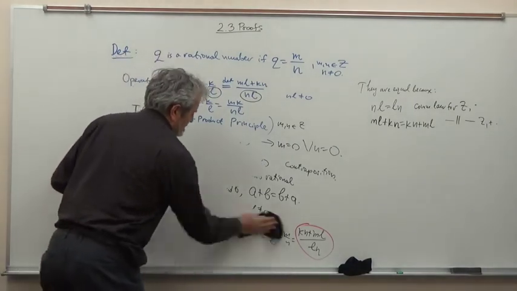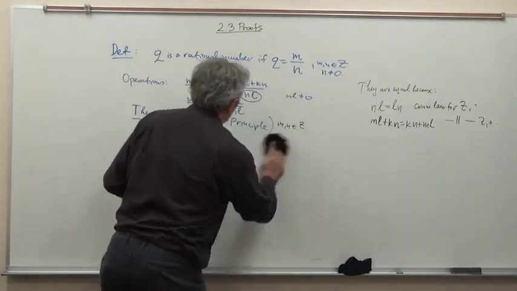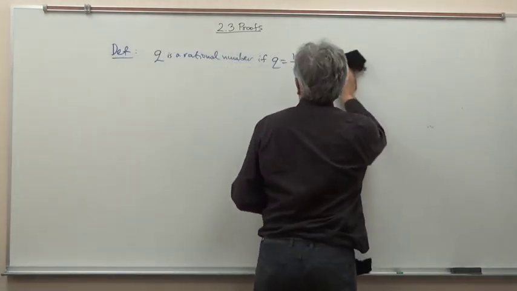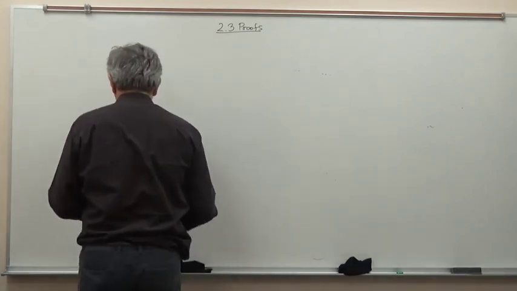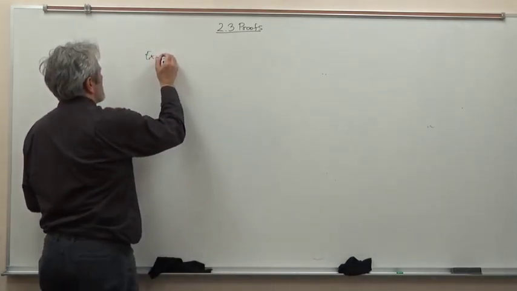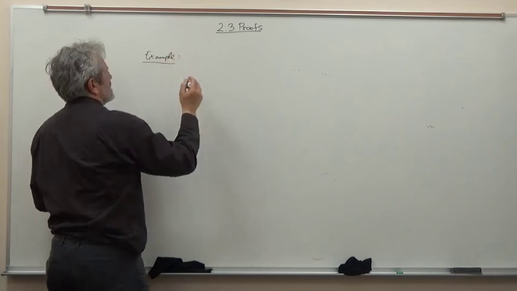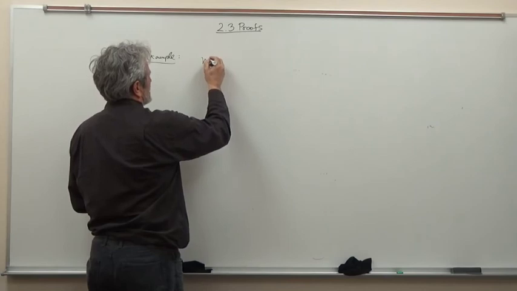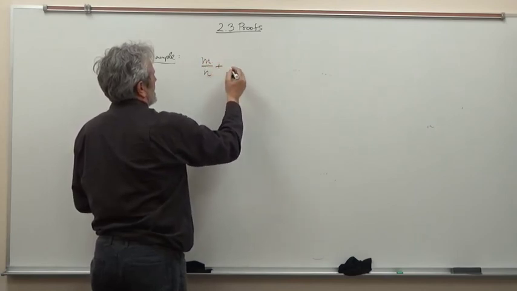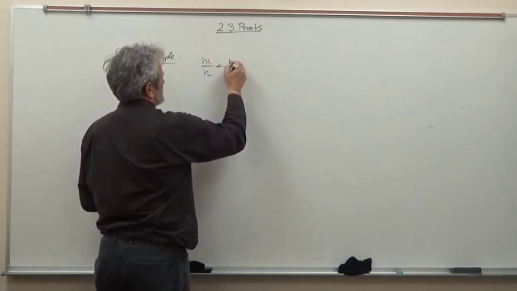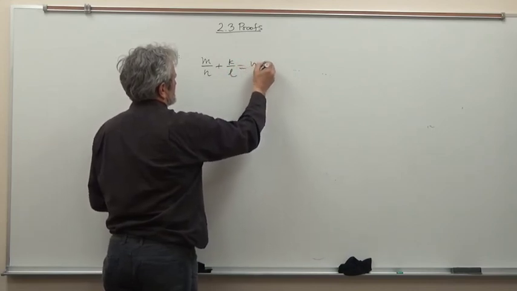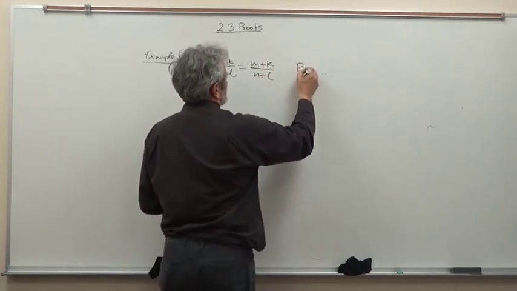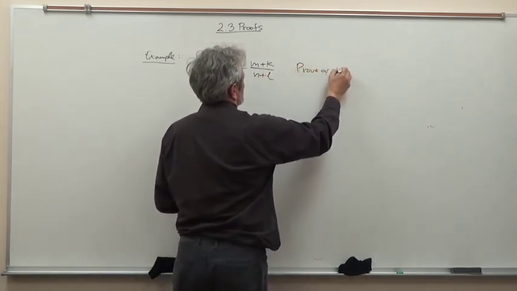How do you disprove something about rational numbers? You can find that in your homework list. For example, someone says, prove or disprove that if I have two rationals, m over n plus k over l equals m plus k over n plus l.